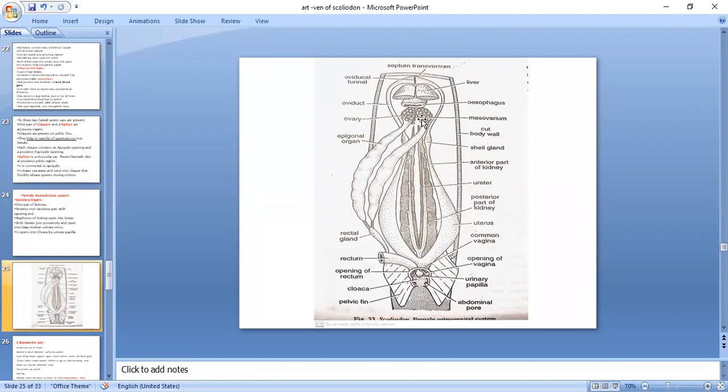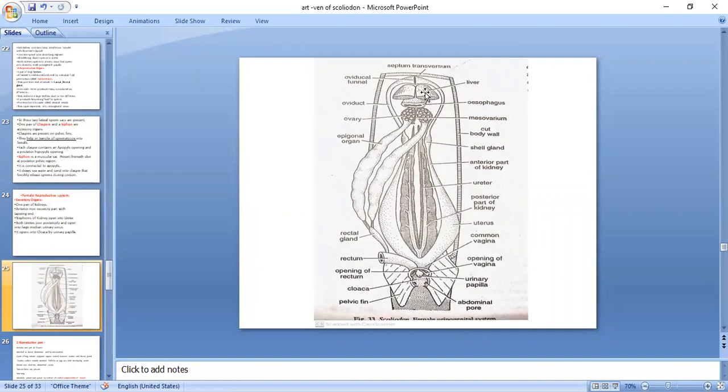Whenever the ovary matures, it releases one or two ova into the surroundings or the body cavity. Those ova are collected by this ostium of the female gonoduct.